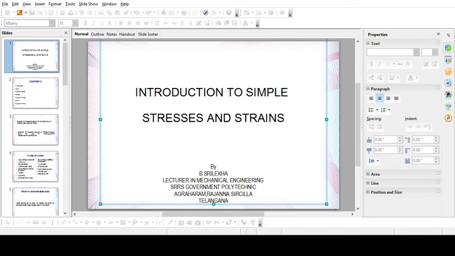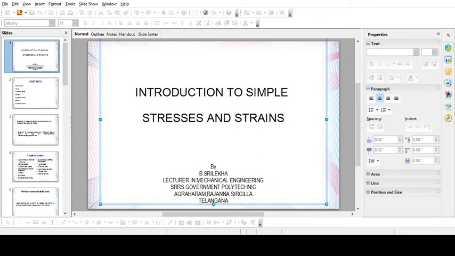According to the nature of action, we have static, dynamic, or fluctuating or cyclic load. According to the effect produced, we have axial, shear and bending. Further, axial load is classified into tensile load and compressive load.